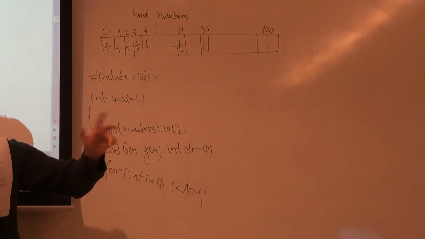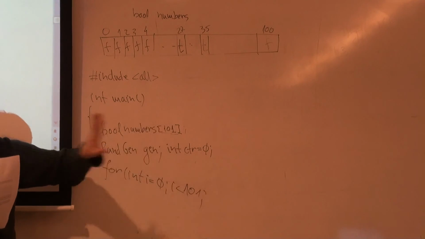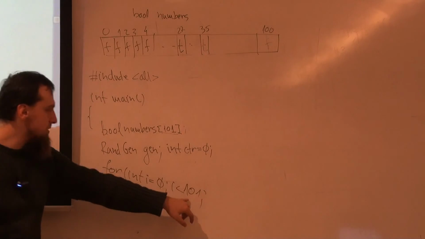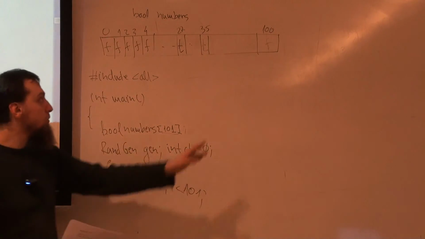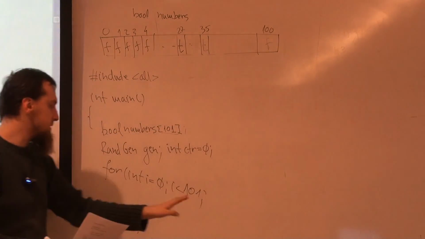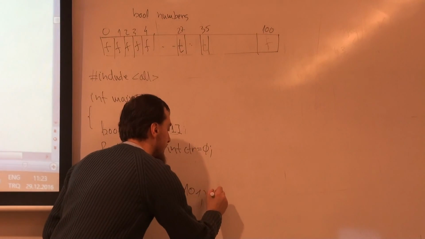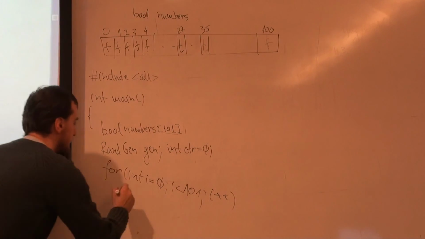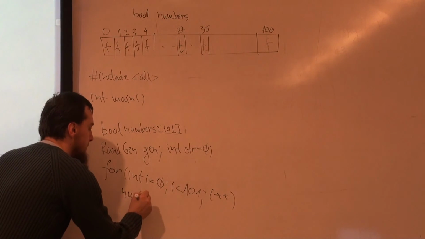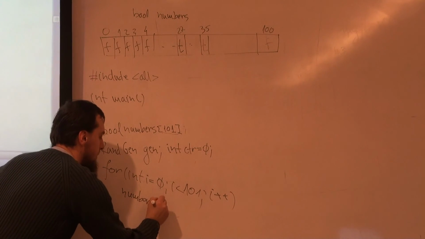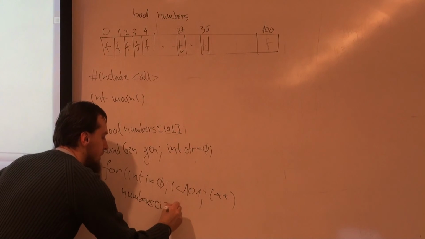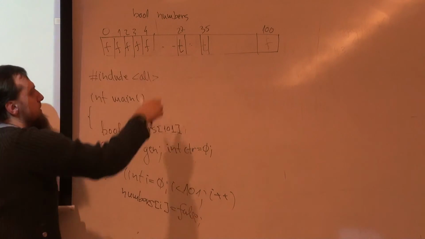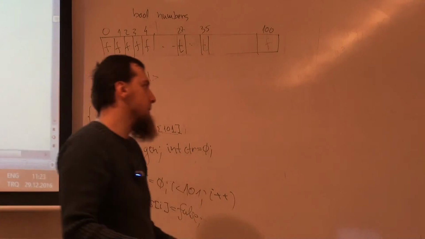We can use push_back there. Here we cannot use push_back. It's always constant. That's why I know it's always 101 and stays like that. So i plus plus, and everything is set: numbers of i is equal to false. Meaning everything is false. We haven't generated any number up until now.